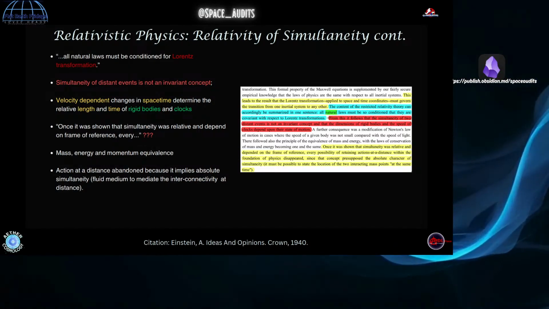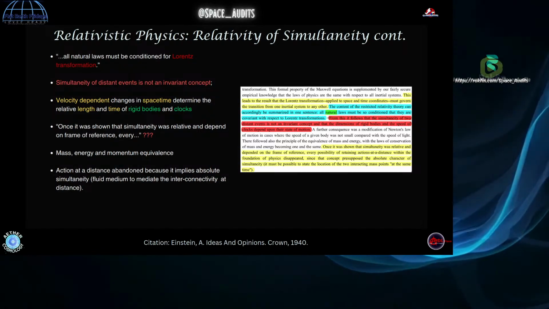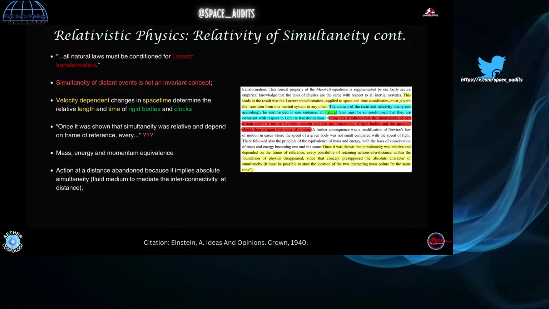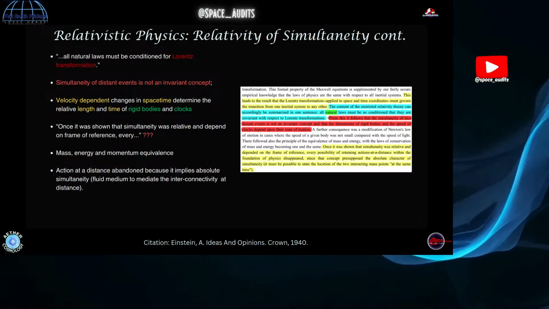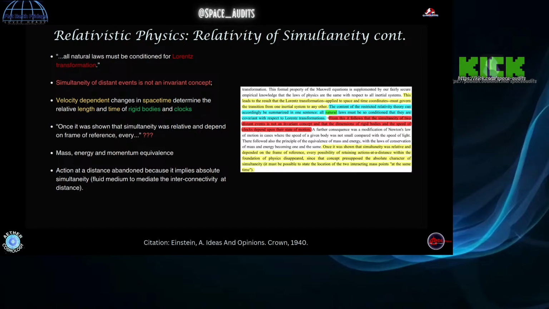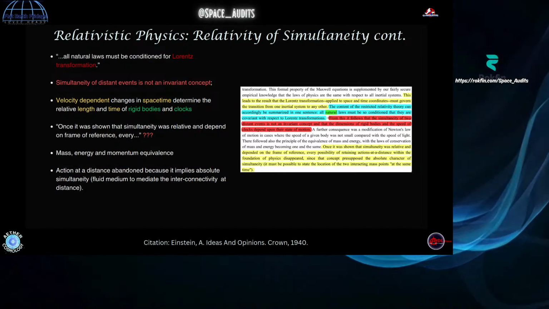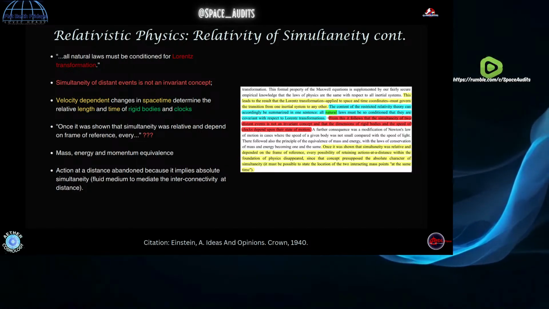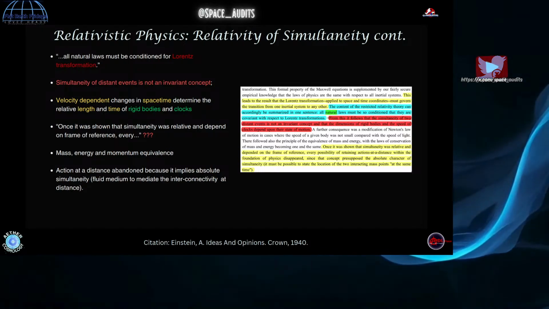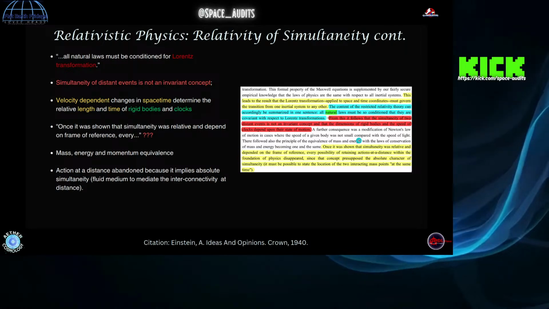We'll get into the Sagnac stuff later, which we're going to cover in a bit, but I don't want to get too far ahead of myself. It's just important to note here that we're talking about where the measurements are made with respect to the emitter or the phenomenon, the thing that's emitting the light that we're doing the analysis with.